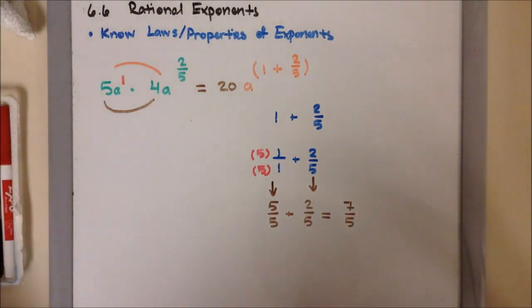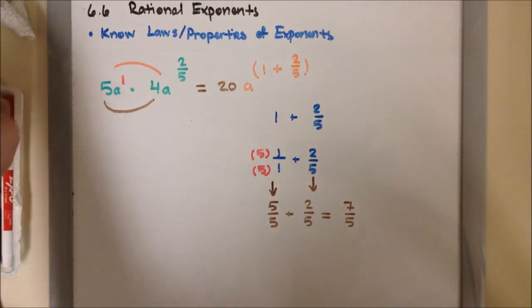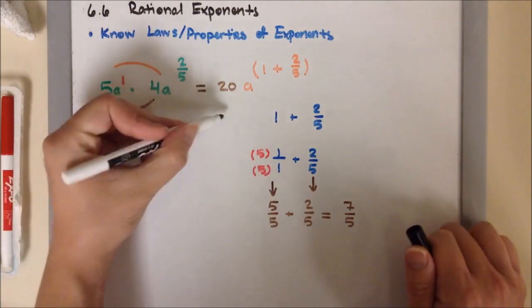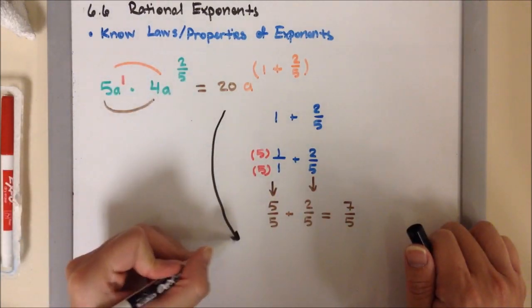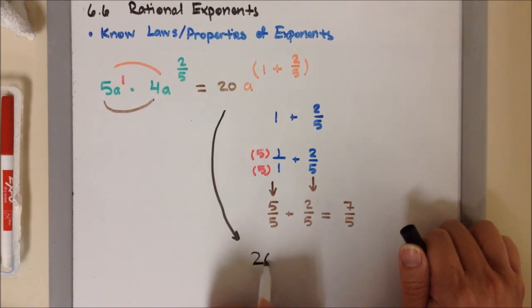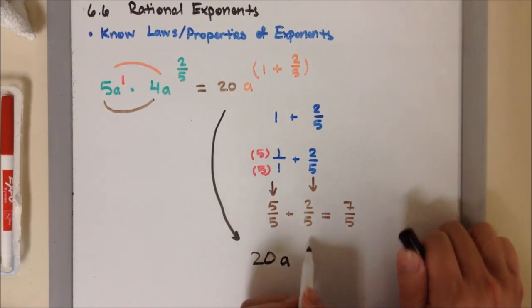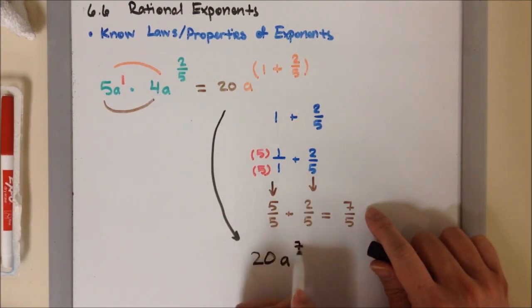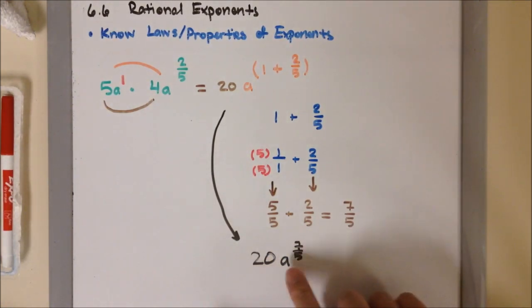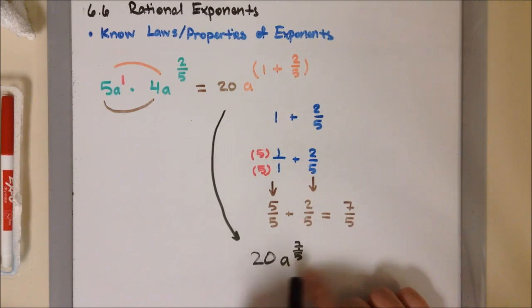So I'm going to bring my answer. The 20a to the power of 1 plus 2 over 5 would simplify to 20a to the power of 7 over 5. So that's the exponent on a. Now be very careful how you write your exponent. Make sure to keep it the size of an exponent.